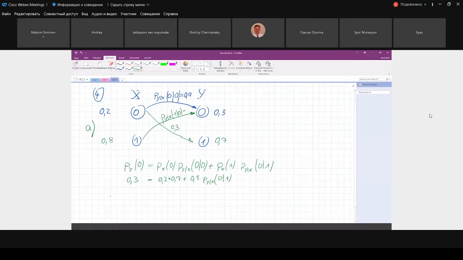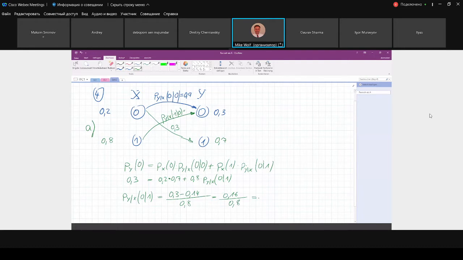So we can say that, let's say I write this like this, P of y given x, what we are looking for, is equal to 0.3 minus 0.14, and this is 0.16 divided by 0.8.